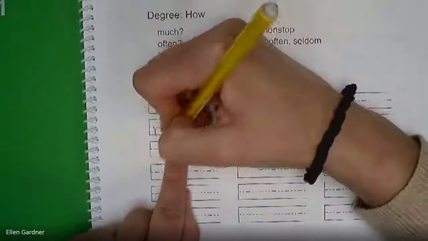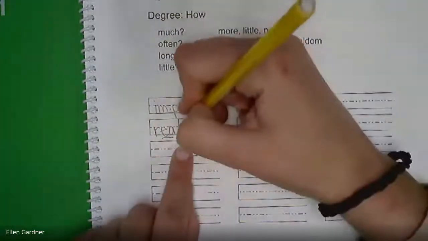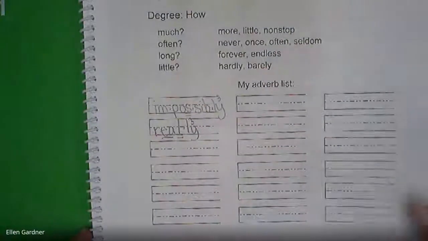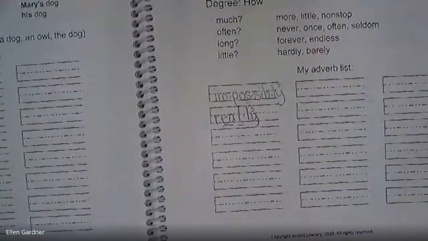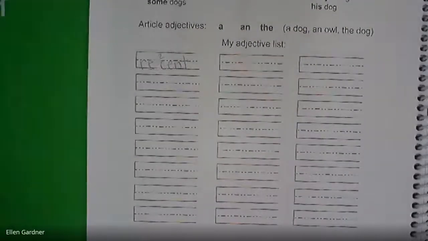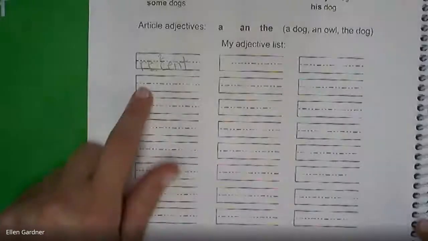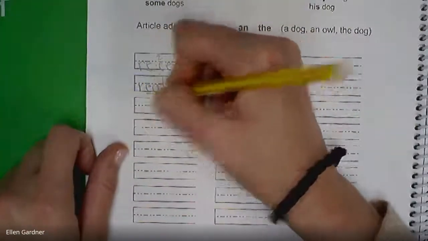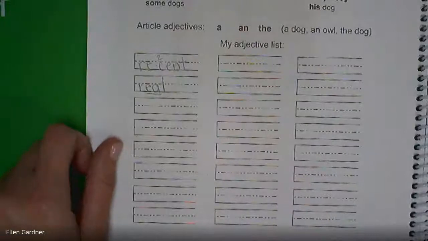But really, great job if you picked up on that before. That was on page 29. Pause it if you need more time. Now let's go over to page 28 and write real. That was an adjective. Real.